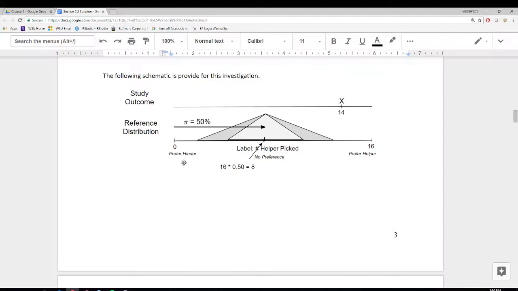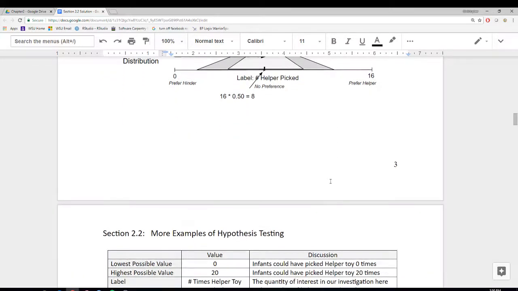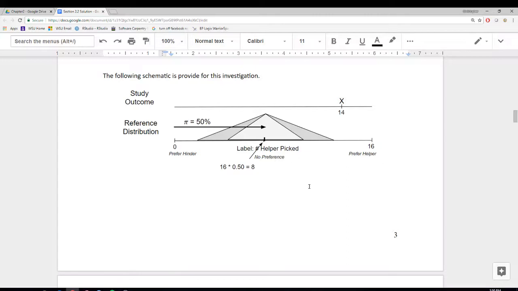So down here on the left-hand side would be preference for the hindering toy, and the right-hand side here would be preference for the helper toy. Now, if children had no preference at all, they're going to be in the middle of this number line. If children really didn't care whether it was the helper toy or the hinder toy, they just went ahead and picked a toy, then we'd expect that outcome to be near the middle.